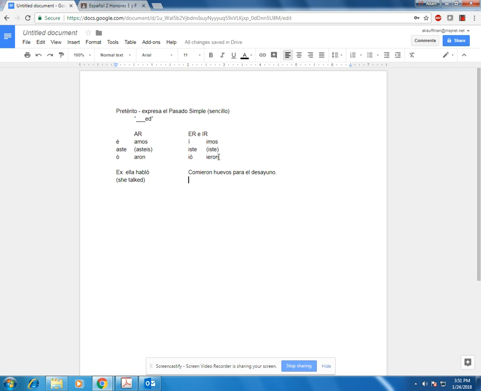Oh, that's preterite. And it's the ellos form. So whatever that verb is, it's they did it. Oh, it's the verb comer. So comer means to eat. So they, past tense of eat is ate. Remember what the rest of it is? Huevos. They ate eggs for el desayuno.